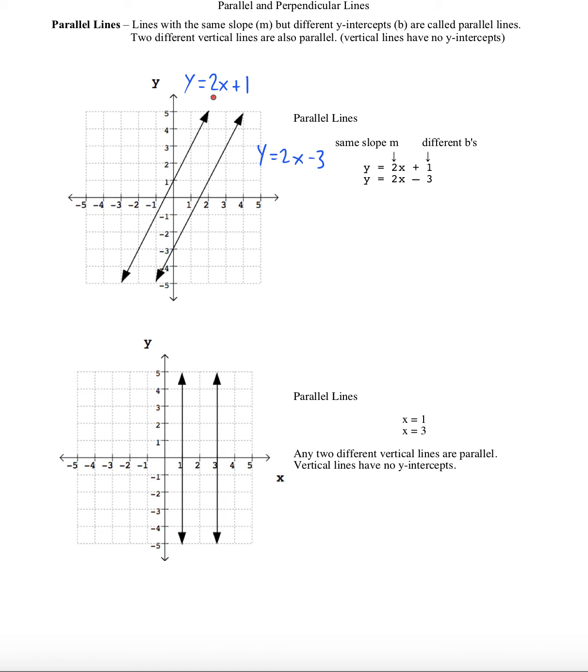As you can see, they have the same slope, which means they're going at the same basic angle in the same direction. And notice that they have different b's, which means that they will intersect the y-axis at different points. That's how we know they're parallel.